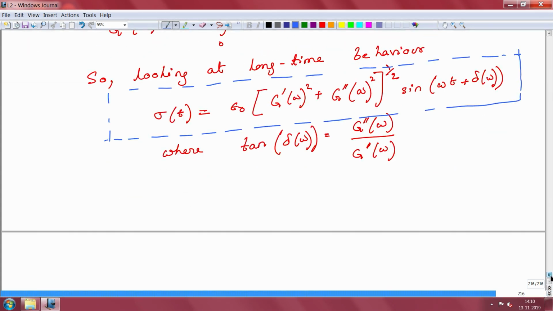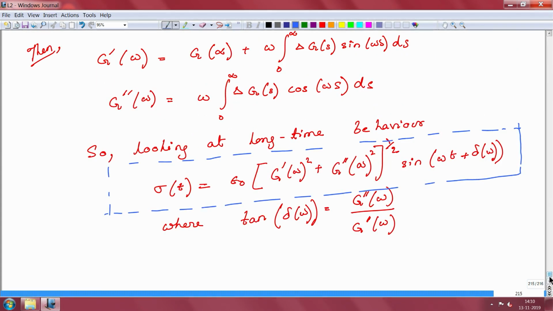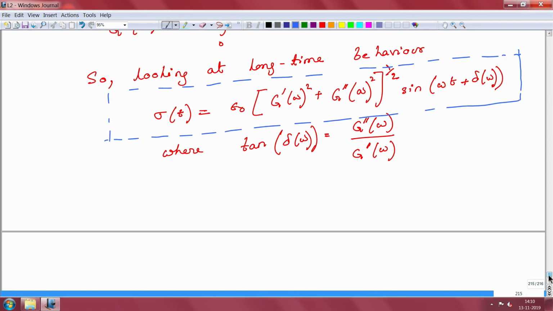So, this was derived using the idea that you had taken a sine function as an input, right. But in more generic terms, you can also have a cosine input, right.